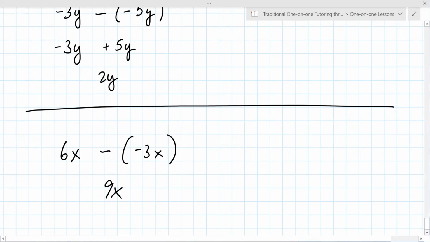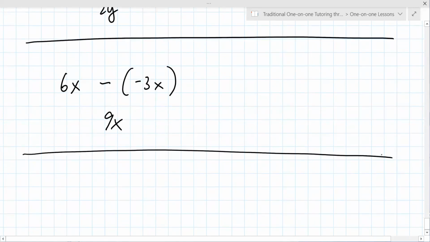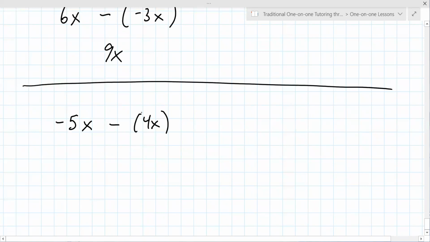Now, what if there's nothing in here? So like what is minus 5x minus 4x? See how there's no subtraction operator over here with the 4? So there's nothing for this to combine with. What does that become? They're both negative.